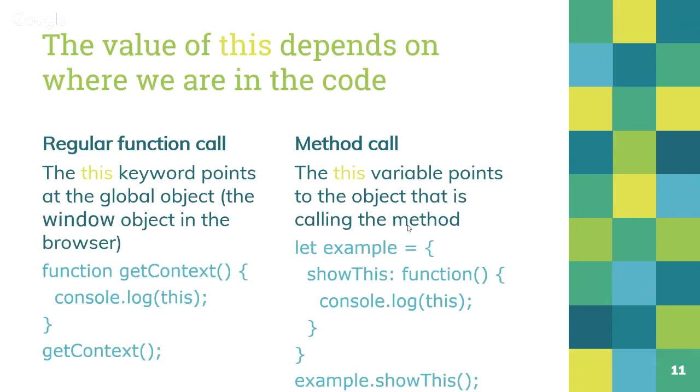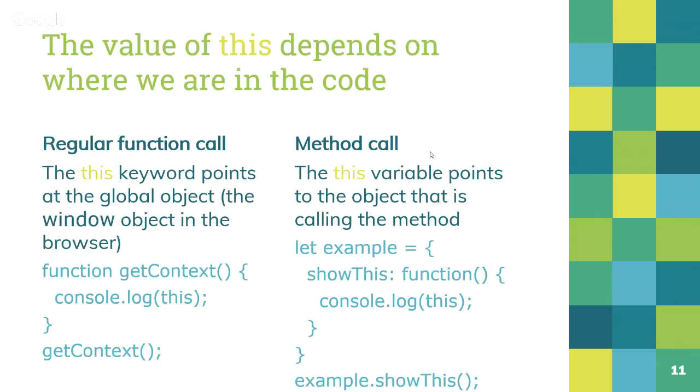If we call a method on an object, this variable will point us to the object where the method is defined. So let's have a few words about what the window and the global object are. Essentially, wherever you're running the JavaScript code, if you log this without calling any function, you will get whatever the value of the outermost object is.